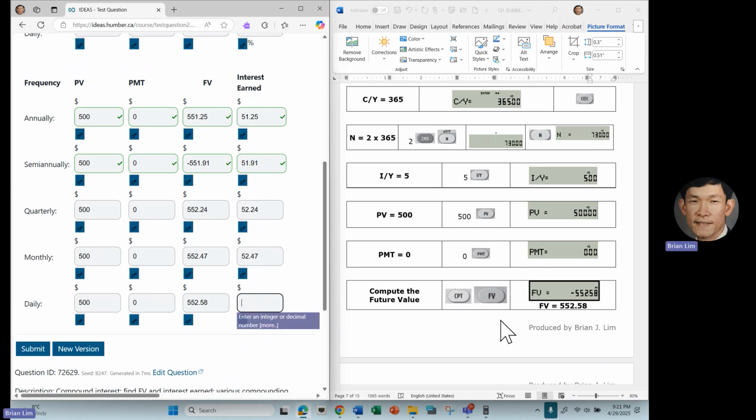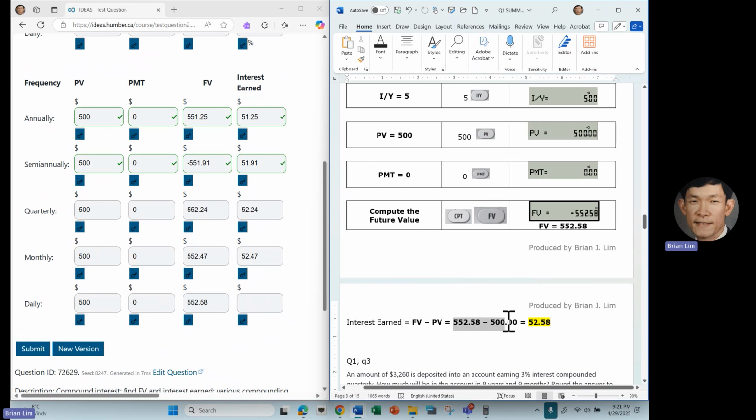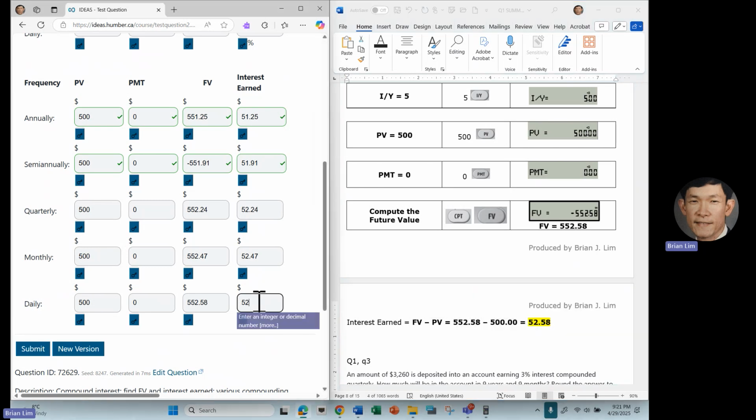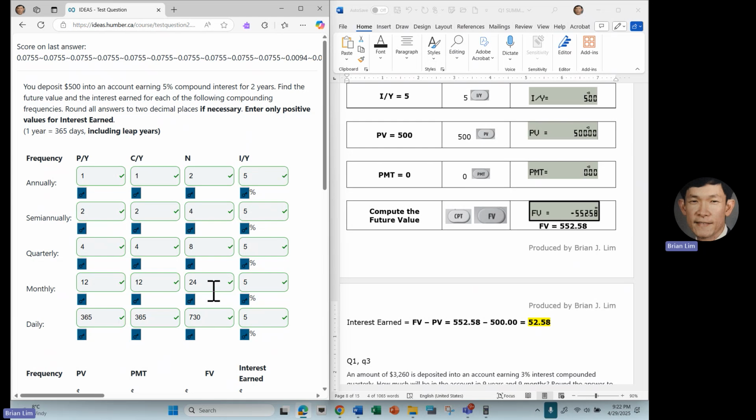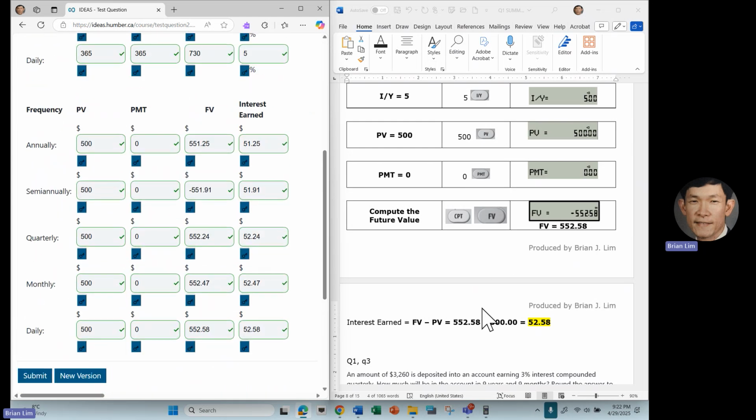And the interest earned is 552.58 minus 500, which gives us 52.58. And now we submit and all is well, everything is correct, and that is the number 1 question.